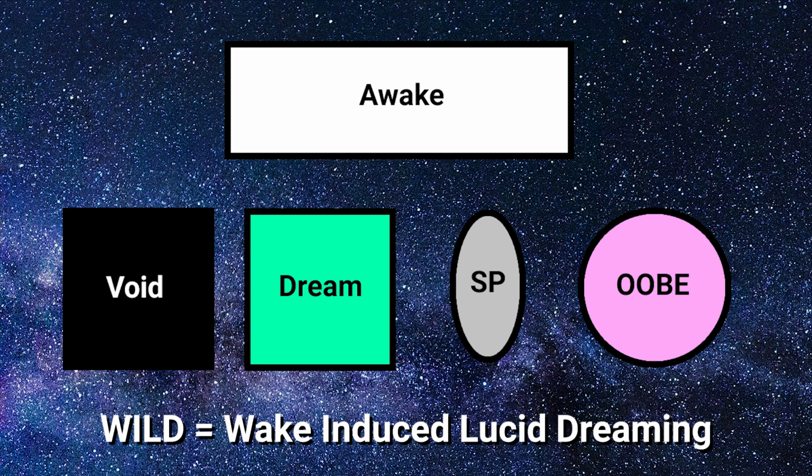In this method, you start awake, you start in the wakefulness state, and using your chosen technique, awareness is maintained all the way through the process of entering into a dream. This way you are already lucid when you get into the dream. You maintain awareness the whole time. Now you can either enter a dream straight from the waking state, or you can enter sleep paralysis first, and from there continue on into a dream.